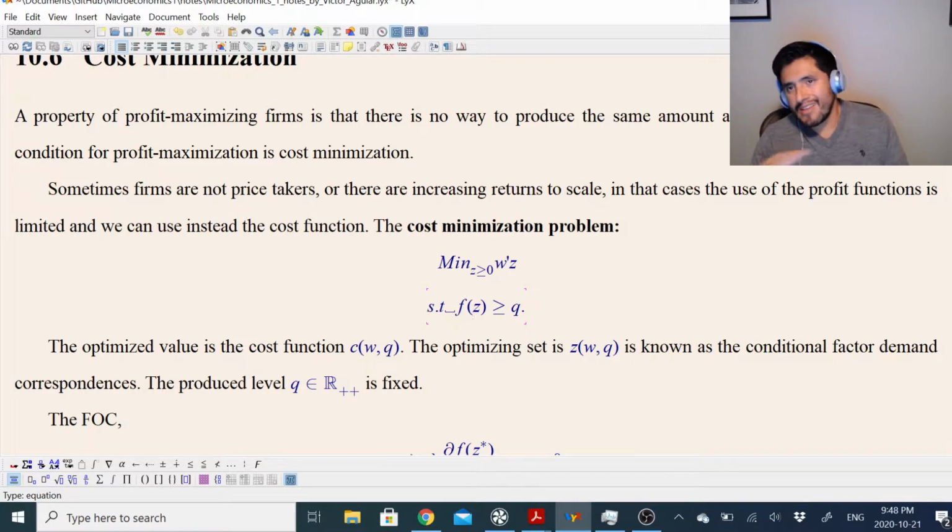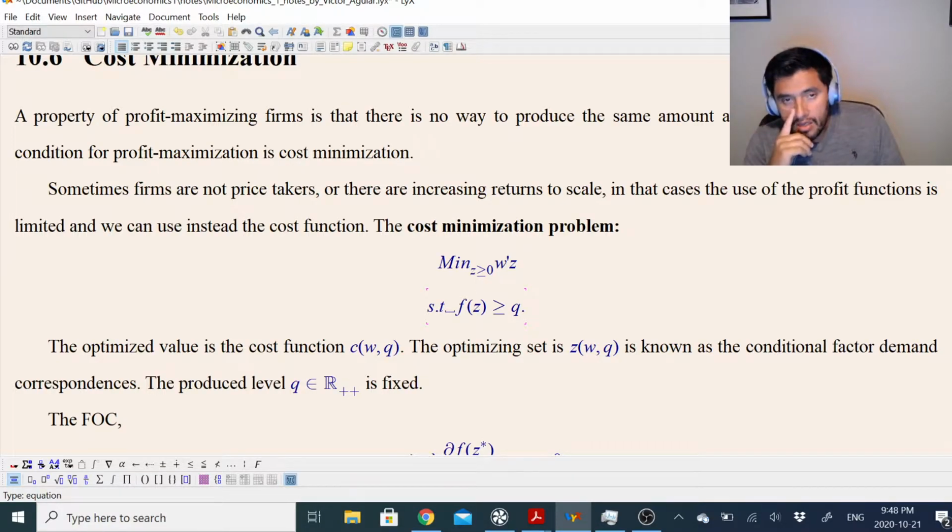So this is exactly the same problem as the expenditure minimization problem in the consumer case. Replace the Q by the utility level, replace the utility function by the production function F, and then instead of finding the commodity bundle X, you have the inputs bundle, which is the Z, and then you have prices, and here it is W, so it's the same problem.